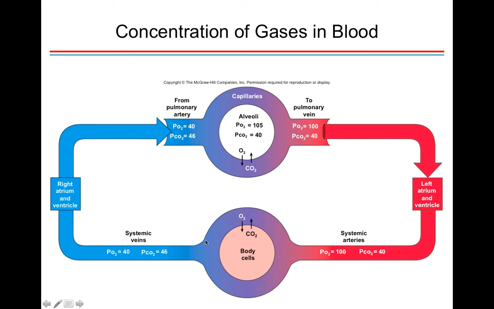And then we see that there's a huge change in the pressure of oxygen and carbon dioxide. So the oxygen level, we said, was about 100 millimeters mercury. It's going to go down to 40, and this is under resting conditions, just normal conditions, not exercising or anything. And then we see that the carbon dioxide concentration is going to go up from 40 to 46.